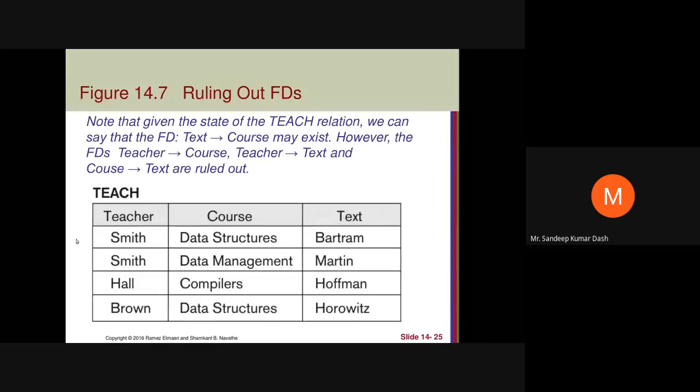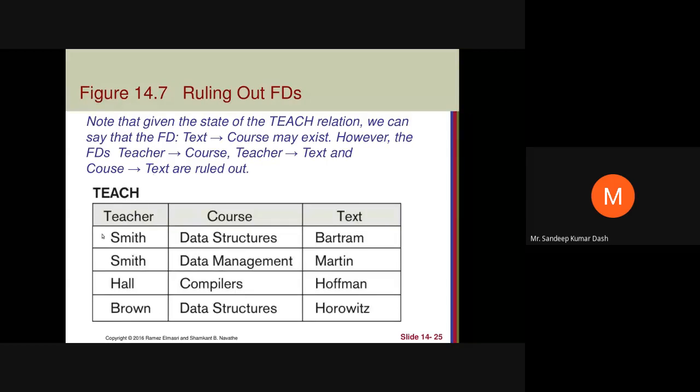Here, suppose this is T1 tuple, this is T2 tuple. The rule says, if T1x equals T2x. What is T1x? This is T1 row, this is X column.